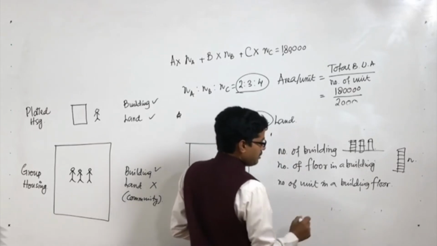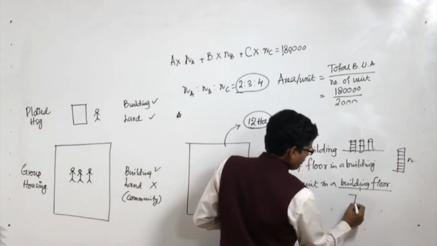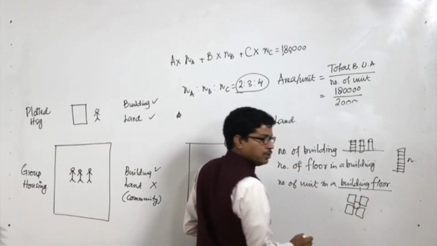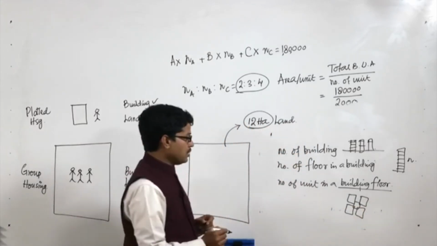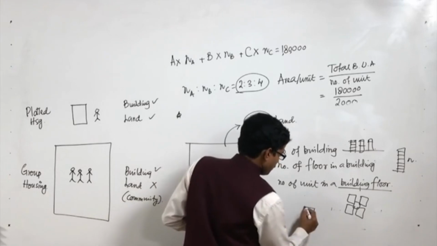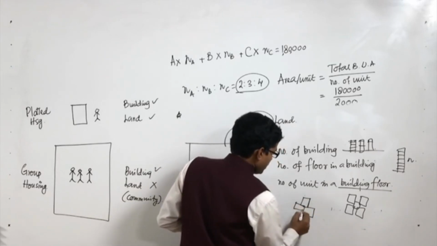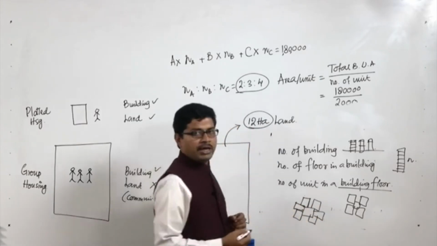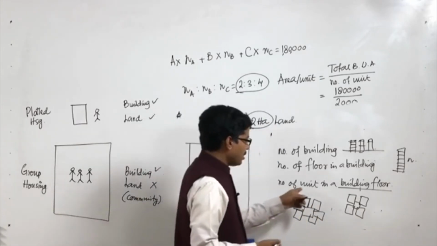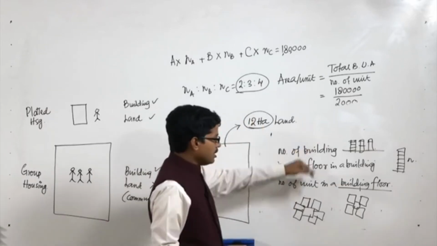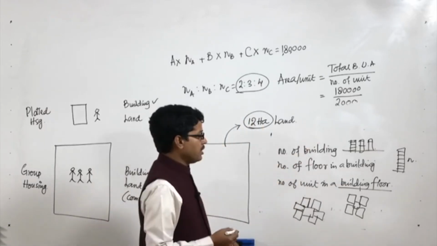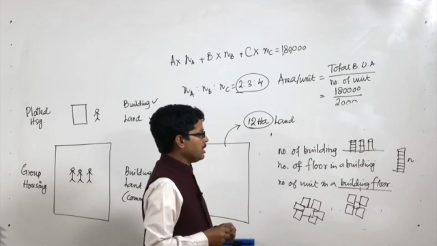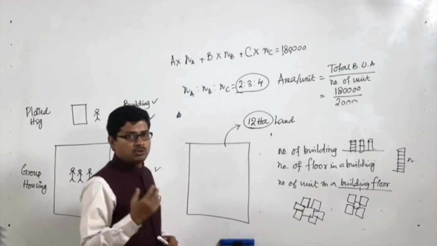Number of units in a building floor: like if this is the floor plan, there could be 4 units served by a common lift core, there could be 6 units served in a similar way. So, based on different kinds of permutation and combination, you decide the number of units in a building floor. Making a combination of different possibilities and options, you can make 2-3 scenarios and choose one scenario.